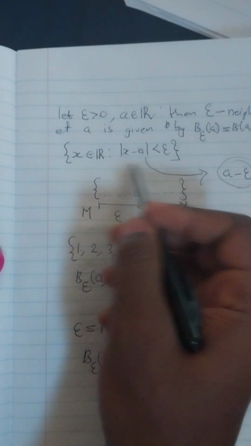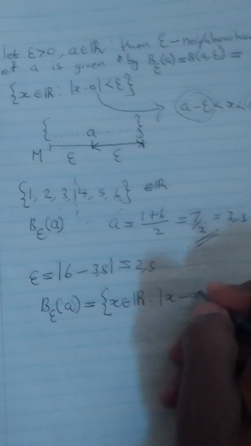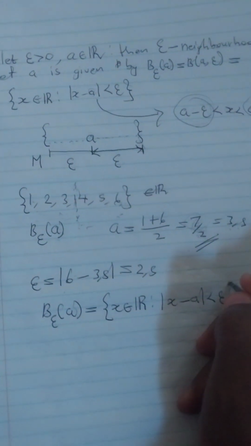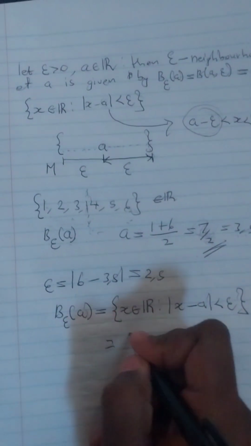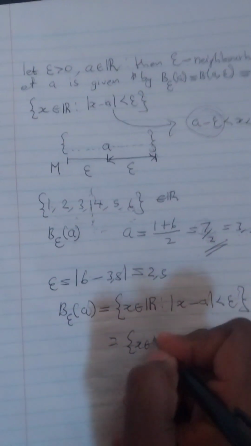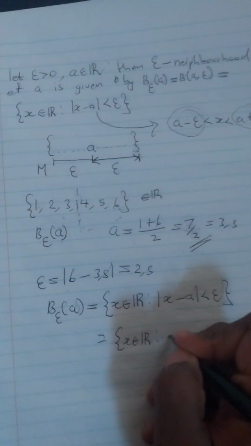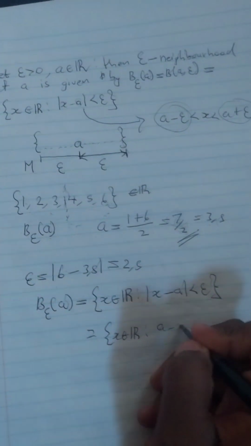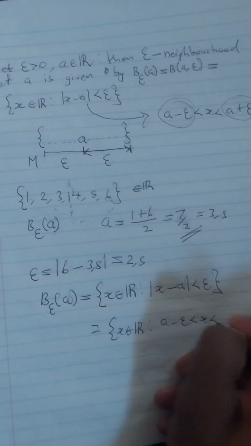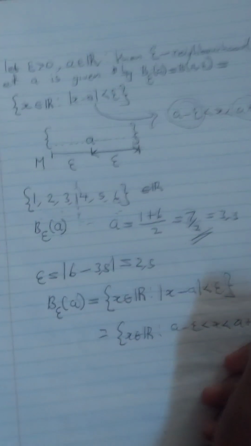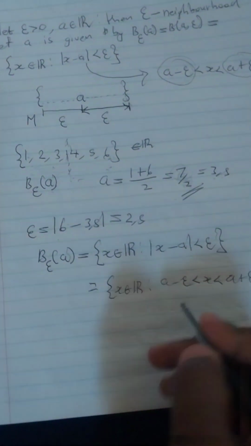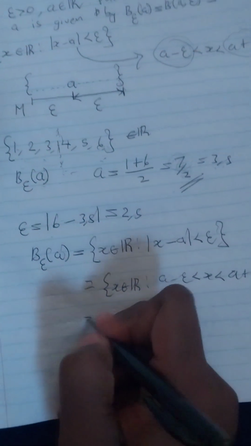I'll just recopy the general definition there, such that when we extend this, we can simplify everything within that set, so we'll have a minus epsilon less than x less than a plus epsilon. And we can plug in the values that we know already.